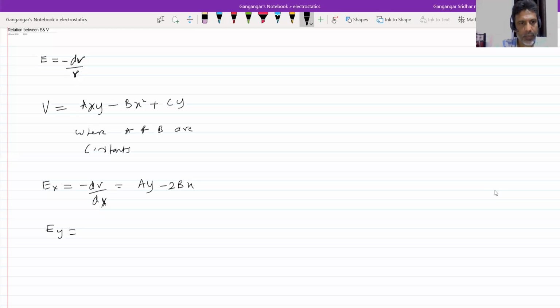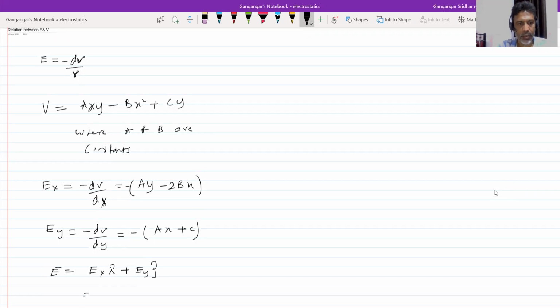Similarly, with respect to Y, it will be minus of dou V by dou Y. Differentiation of this will be Ax plus C. So the resultant field will be Ex i cap plus Ey j cap. You can keep it like this.